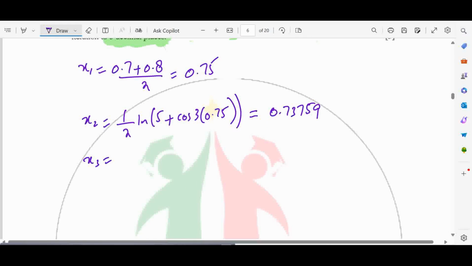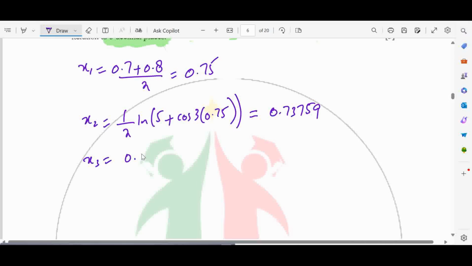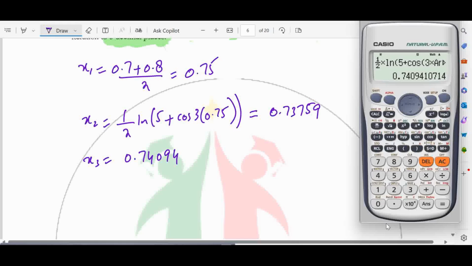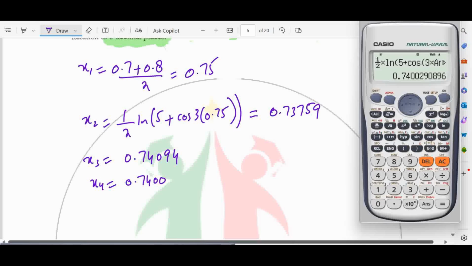Let's find the other one. x3 is equal to, if we press the equal sign, 0.74094. Then x4 will be equal to 0.74000029, and that last 29 rounds to 3.